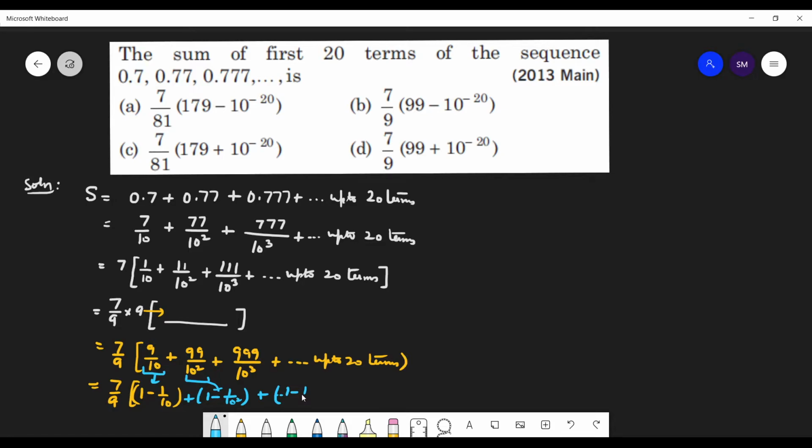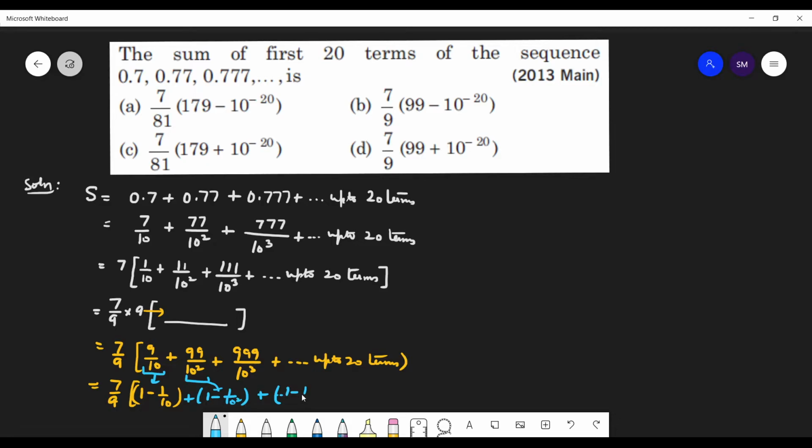So 7 by 9, let us solve inside. So LCM will be. So solve it out, students. So what do you get? 20 minus 1 by 9 into 1 minus 1 by 10.